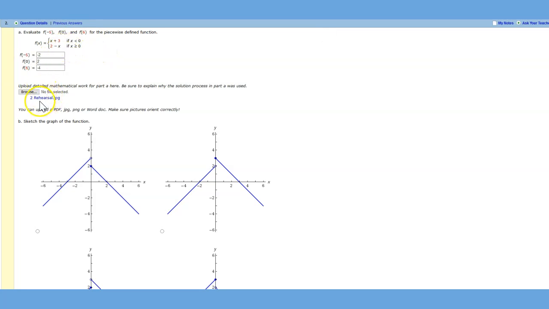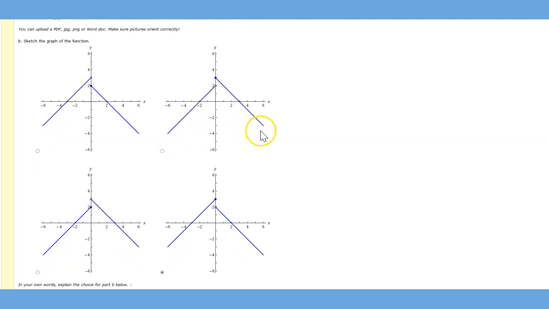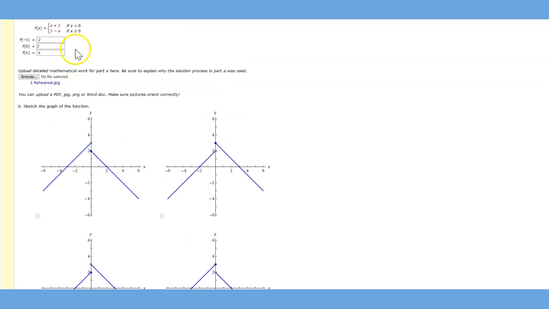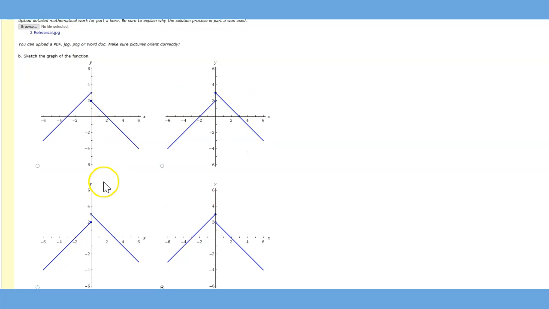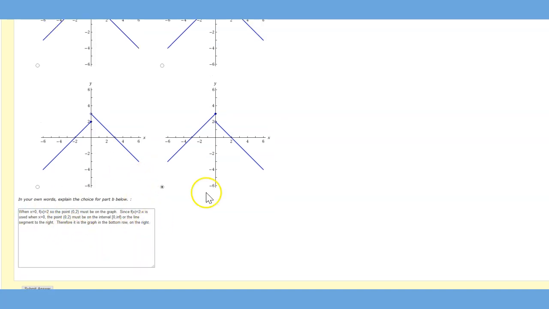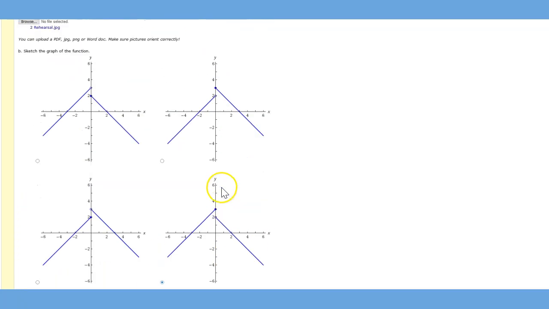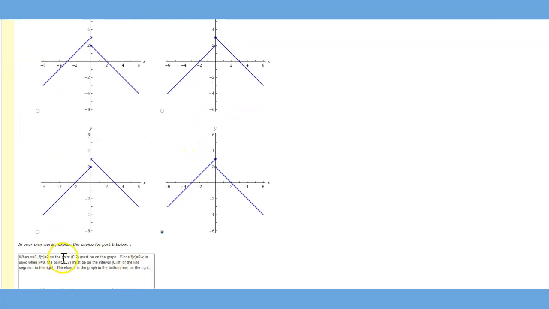That was justification for mathematical work, but there are also other types of questions you can get. You can get multiple choice questions. Here's an example of a multiple choice part. Part A was evaluating that, and then part B is choosing the correct graph for this function. And for a problem like this, you justify it not by uploading a file, but just by typing right in this text box: 2 minus x is used when x equals 0, and that means that the point (0, 2) must be on the graph.